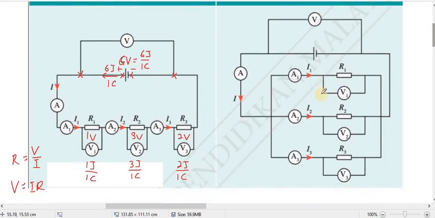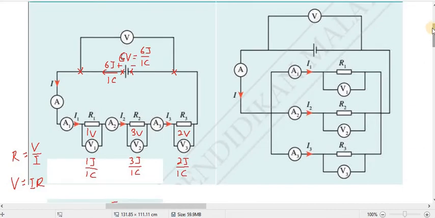So you see here. For parallel circuits, last time we learned that, let's look at the current first. Okay, let's look at the potential difference.